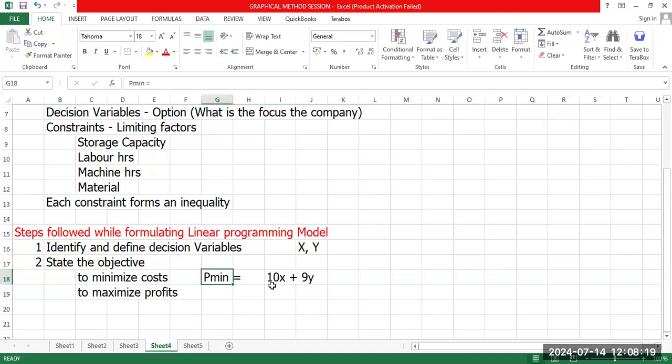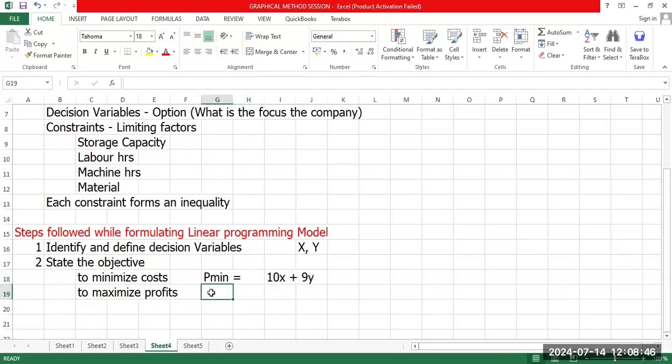This means that if you want to minimize costs, on every product of X you want to produce, you wish to minimize a cost of just 10. On every product of Y you want to produce, you want to minimize a cost by 9. This is the meaning of this.